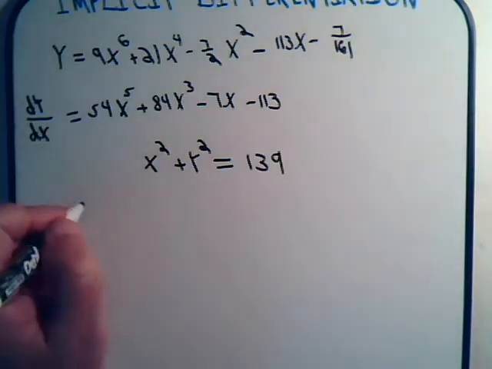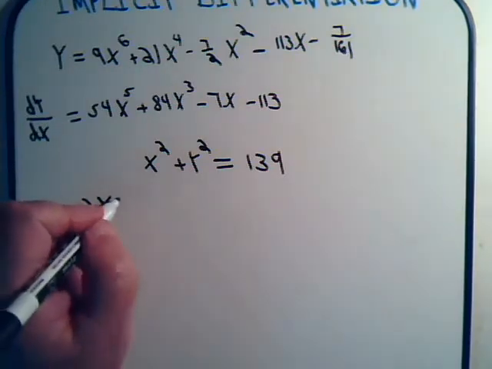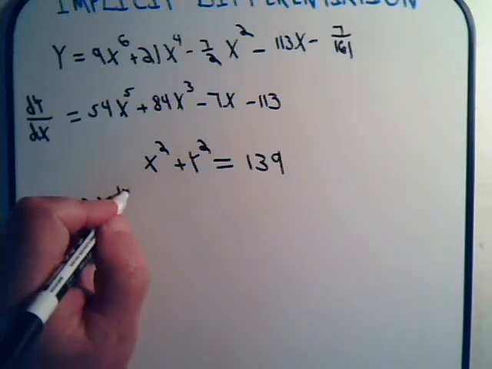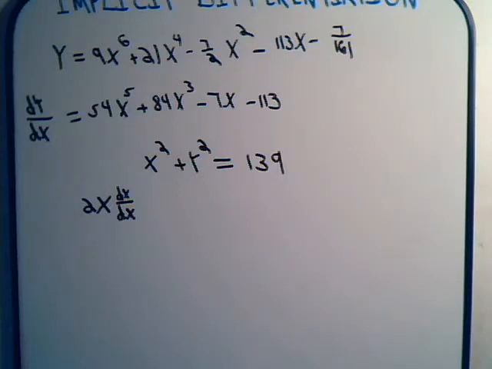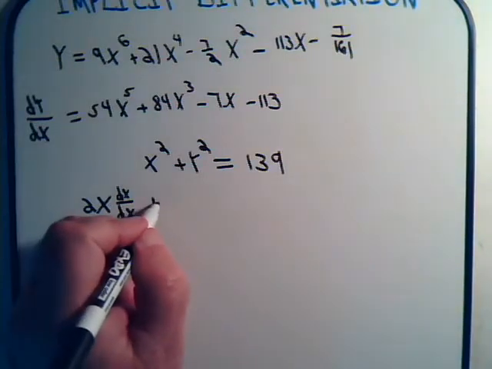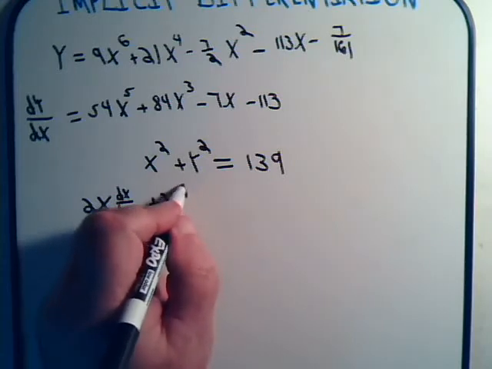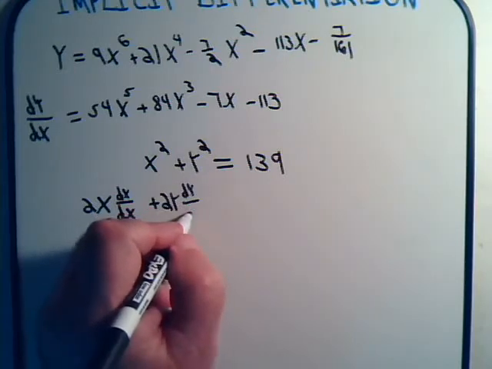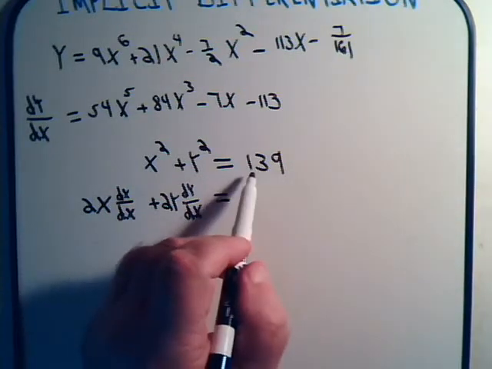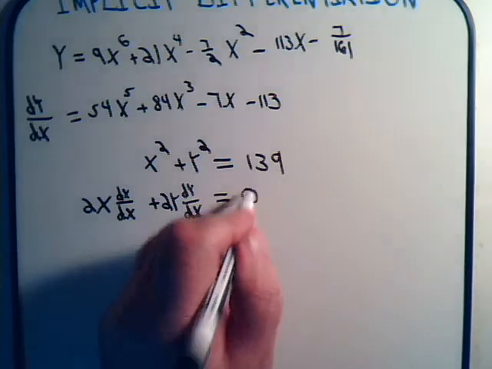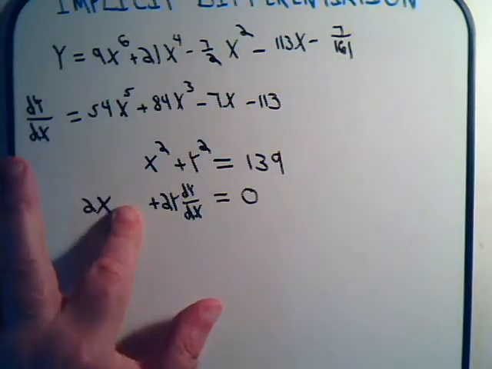So this would be 2 times x, and this time I'm going to write it down just to remind ourselves, dx dx, plus 2 times y dy dx equals, and this is a constant, so this derivative of course is 0, and dx dx, that's just 1.